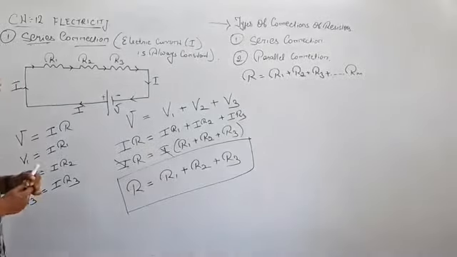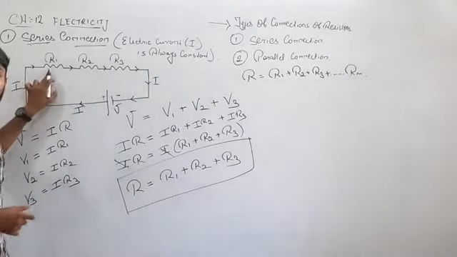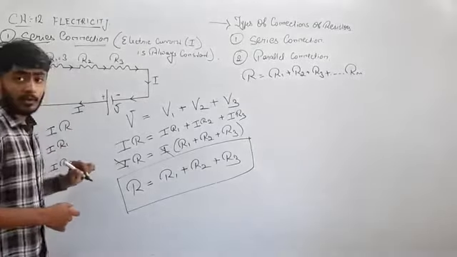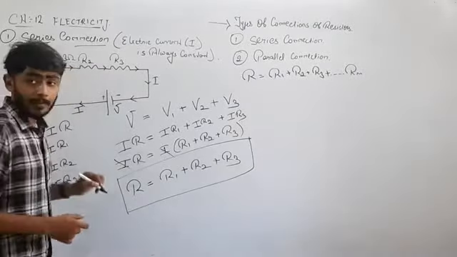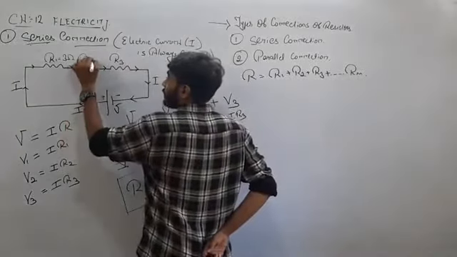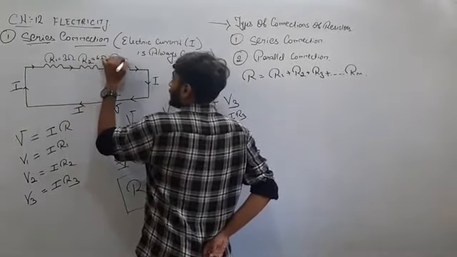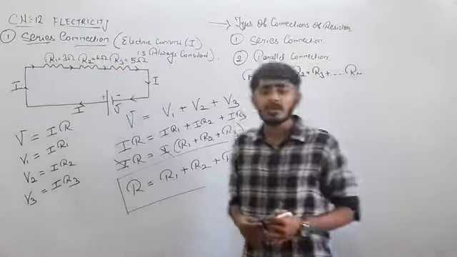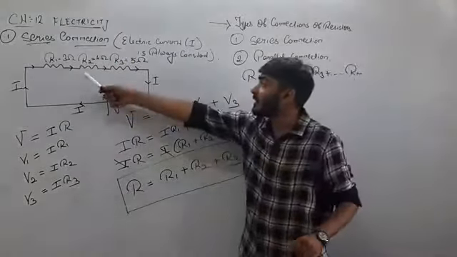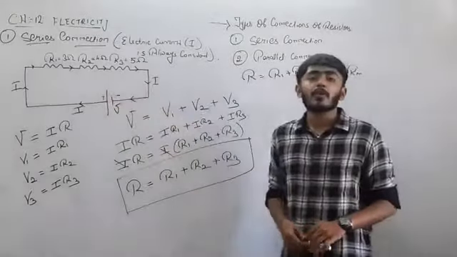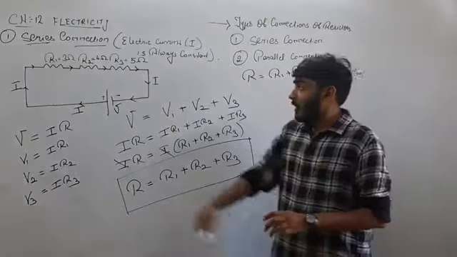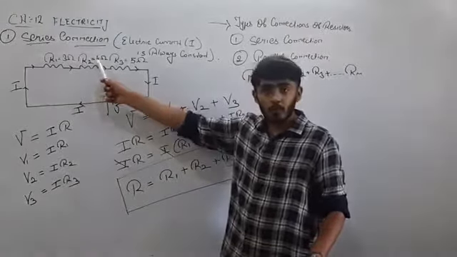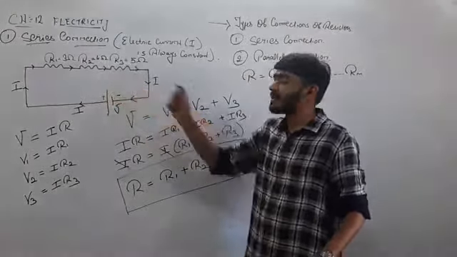Let us take the last example. Say R1 is equal to 3 ohm, R2 is equal to 4 ohm and R3 is equal to 5 ohm. And in the examinations, if they ask us to find the resultant resistance of the following circuit, they have given us the values of R1 as 3 ohm, R2 as 4 ohm and R3 as 5 ohm.